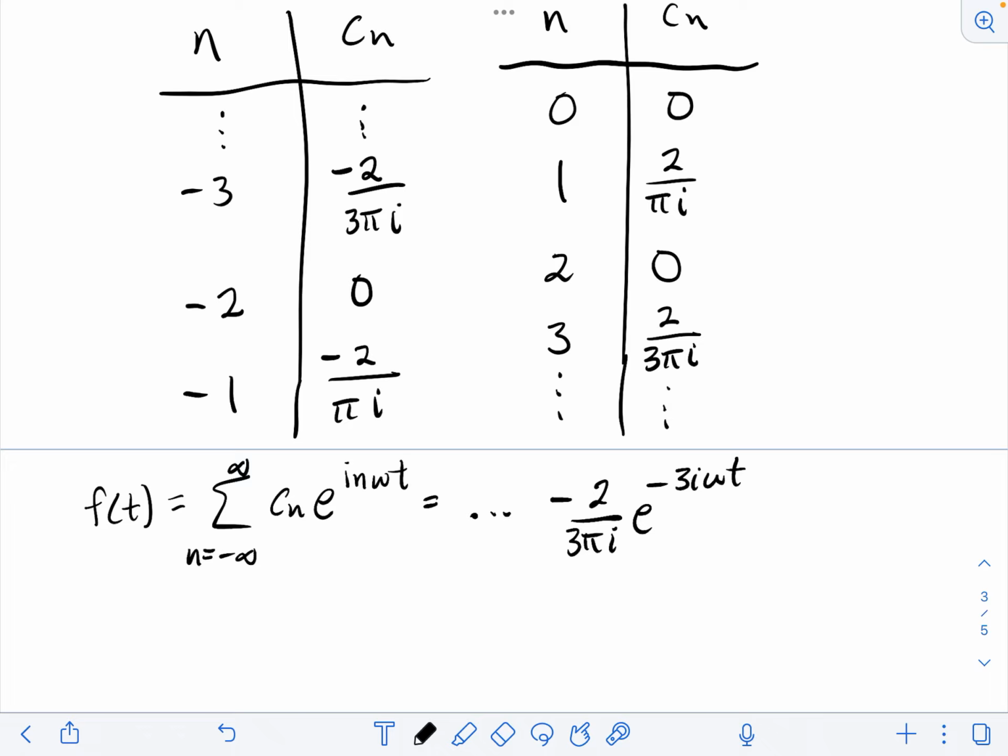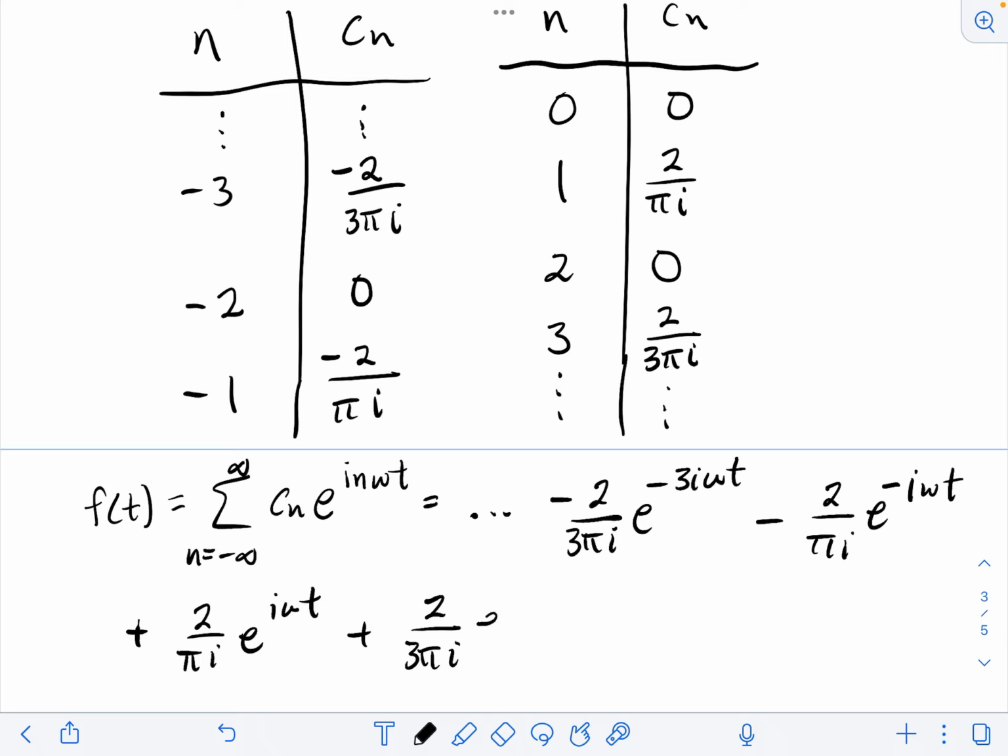Then we have the minus 1 term, minus 2 over pi i times e to the minus i omega t. Nothing for the 0 term, and then we have the plus 1 term: 2 over pi i e to the i omega t. Then we'd have the plus 3 term, 2 over 3 pi i e to the 3 i omega t, and there'd be a bunch of other terms.